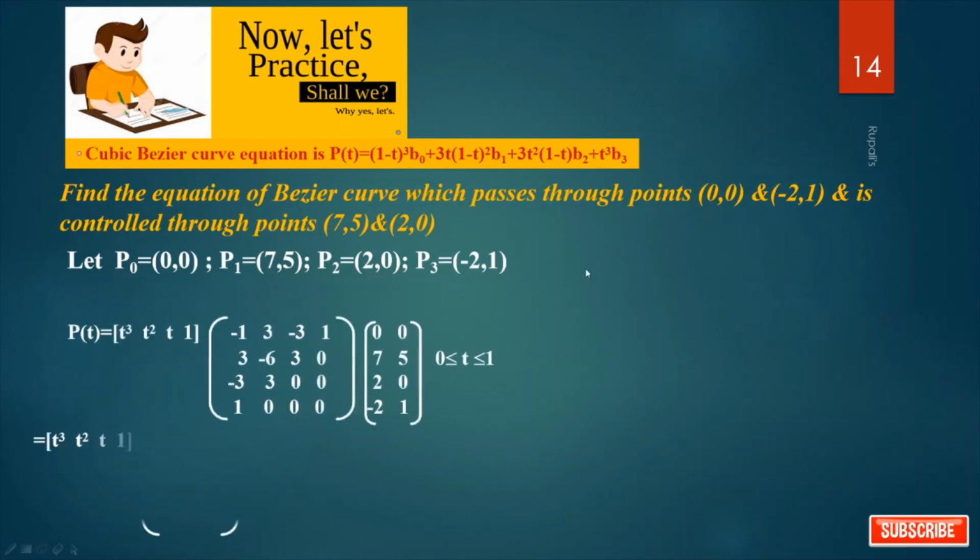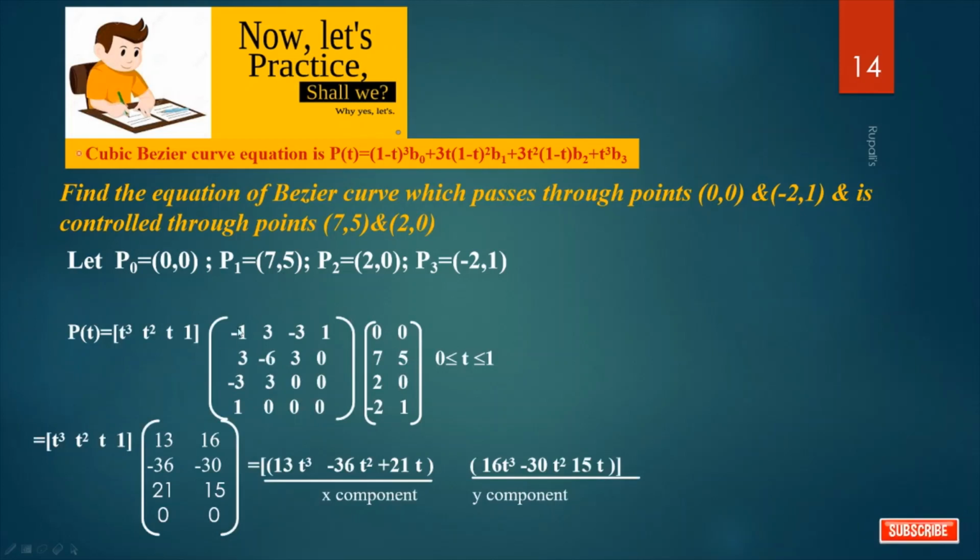And we already learned about the Bezier matrix. So t cube, t square, t, 1, this is the Bezier matrix and these are the control points P0, P1, P2, P3. After multiplication we get the x component and also the y component.